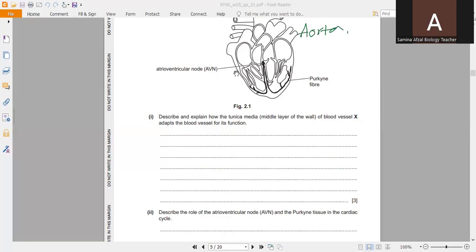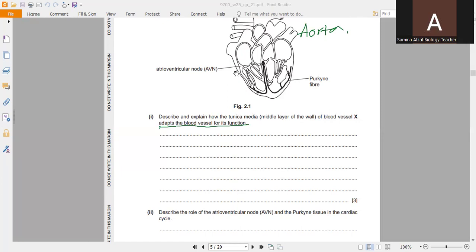So as the main artery leaving the left ventricle, it must handle extremely high blood pressure. So the tunica media is specifically adapted to manage these physical demands. So what are the structural adaptations? We have to write the structural adaptations of the tunica media.